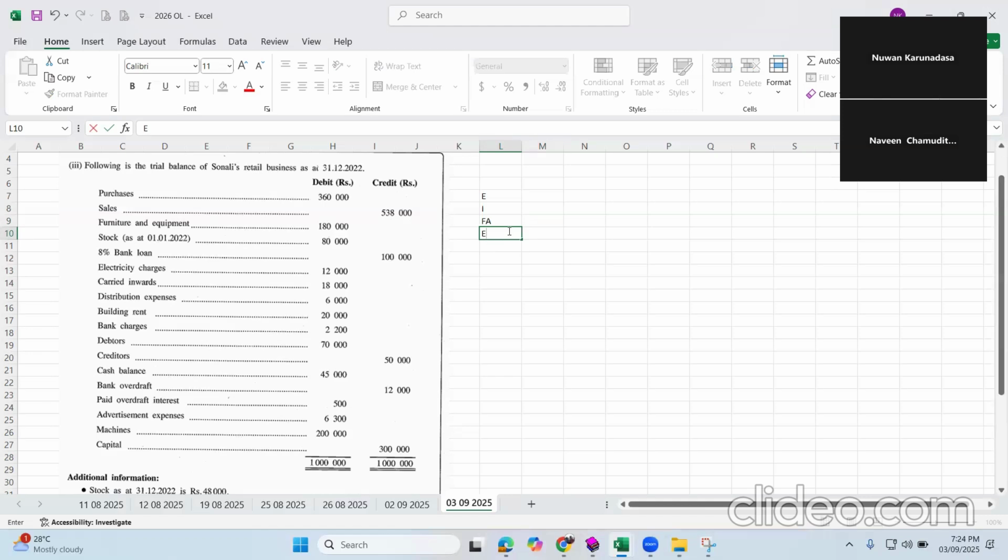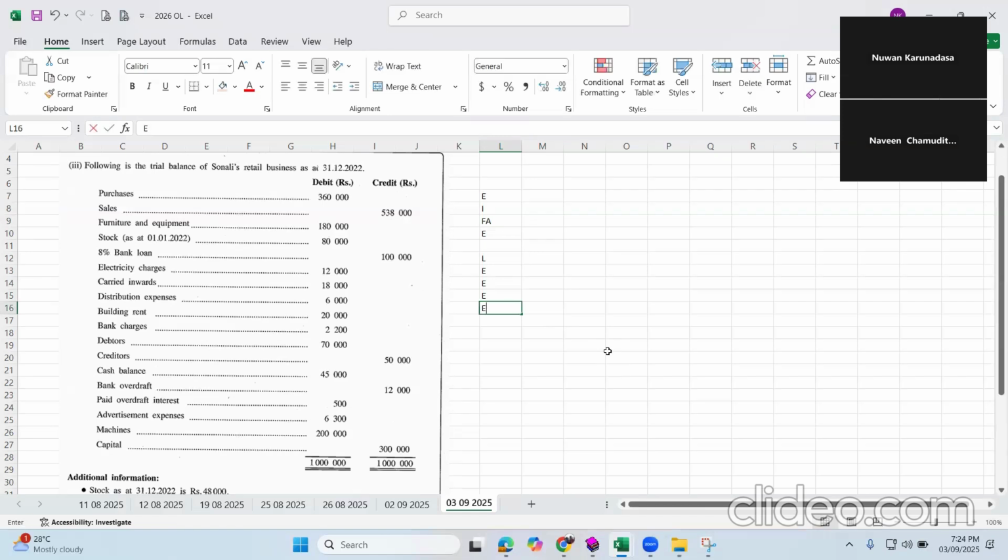The 8% bank loan is a liability. Electricity is an administration expense. Carriage inward is an expense to profit and loss.